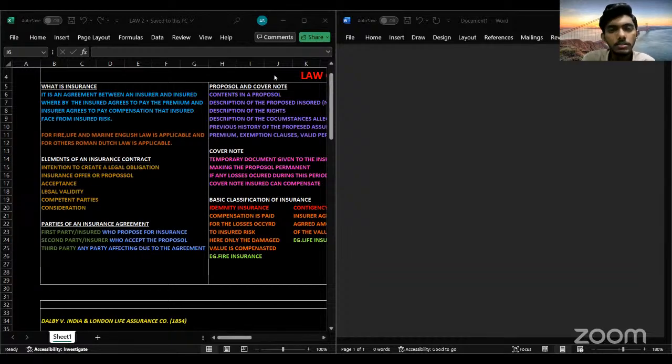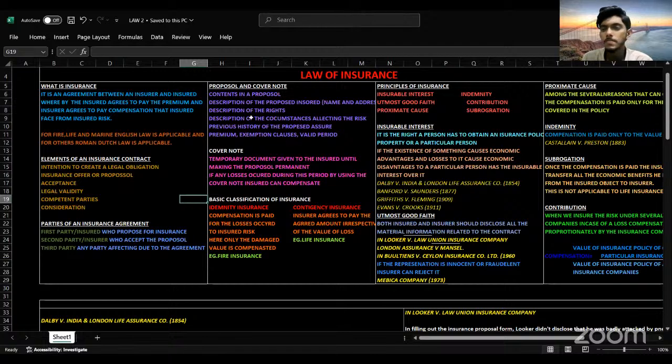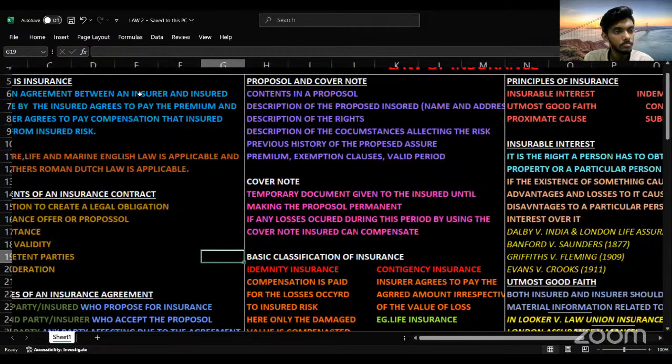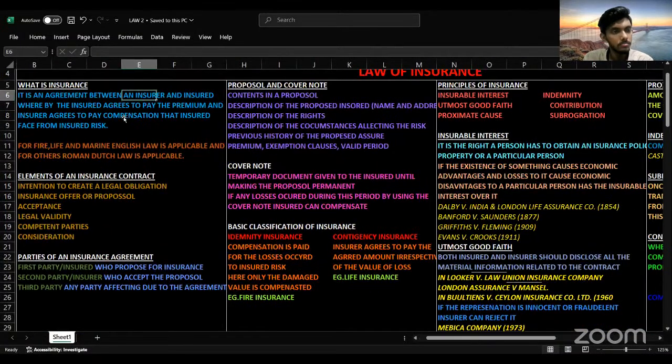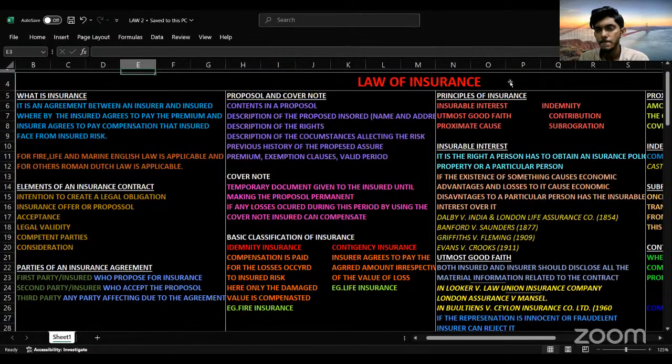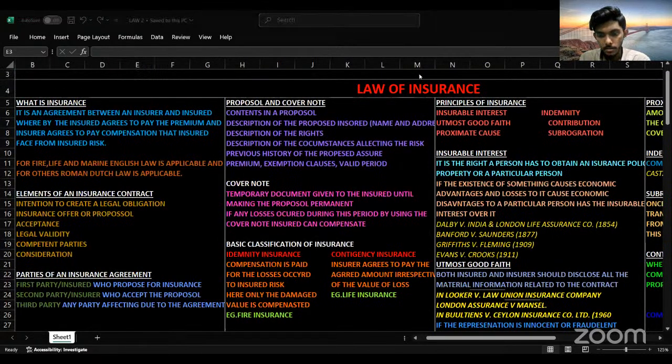All right, I'll start insurance then. This part is being shared, so I'll expand this, otherwise there'll be a small issue. Now it's fine. Everything is fine.